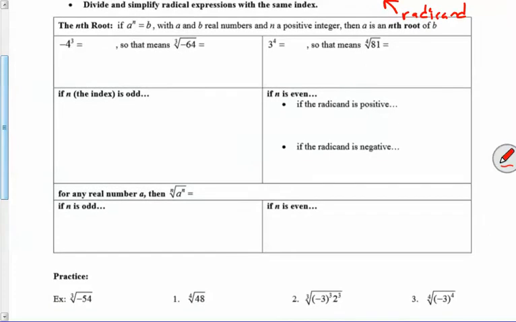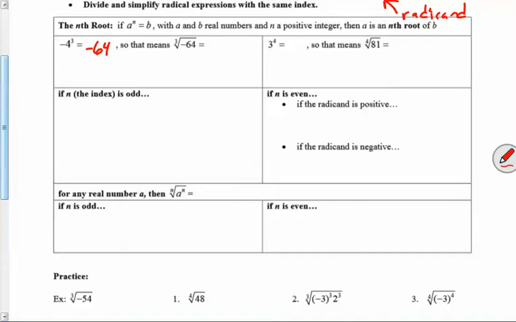A couple properties, and you can read this on your own. I think reading it is a little bit confusing, so it's probably easier to show you what it means. If I'm looking at negative 4 to the third power, I'm going to get negative 64.